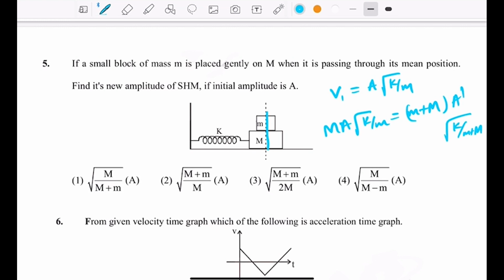So what will you get for the A dash value? Under root k gets cancelled. So A dash will be A into capital M, divided by m plus capital M, under root.